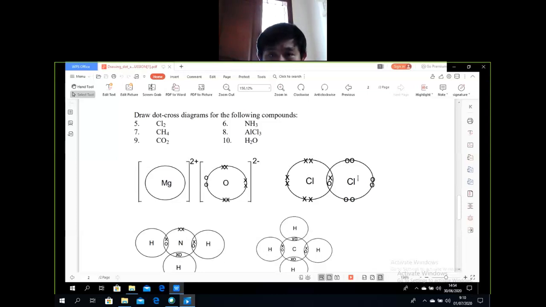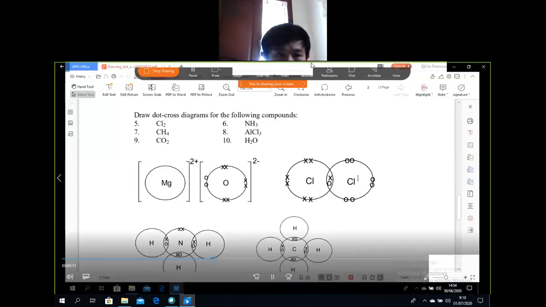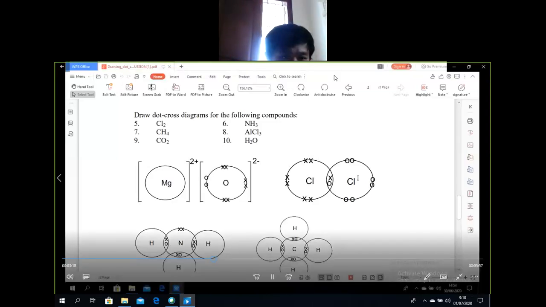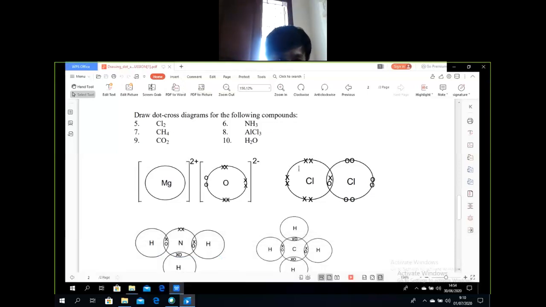So both of them, the electronegativity will cancel each other. Therefore, this Cl2 will be non-polar. This is the correct diagram of how to draw Cl2. Cl with Cl, 1 dot 1 cross.